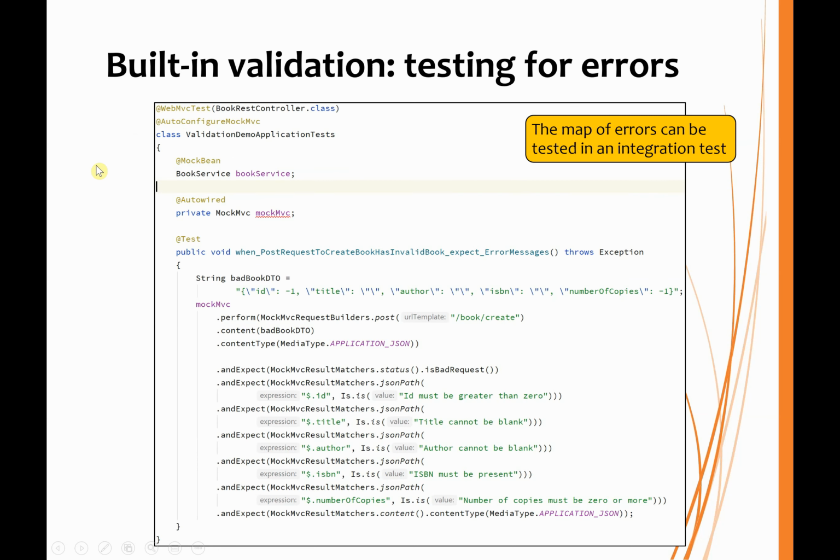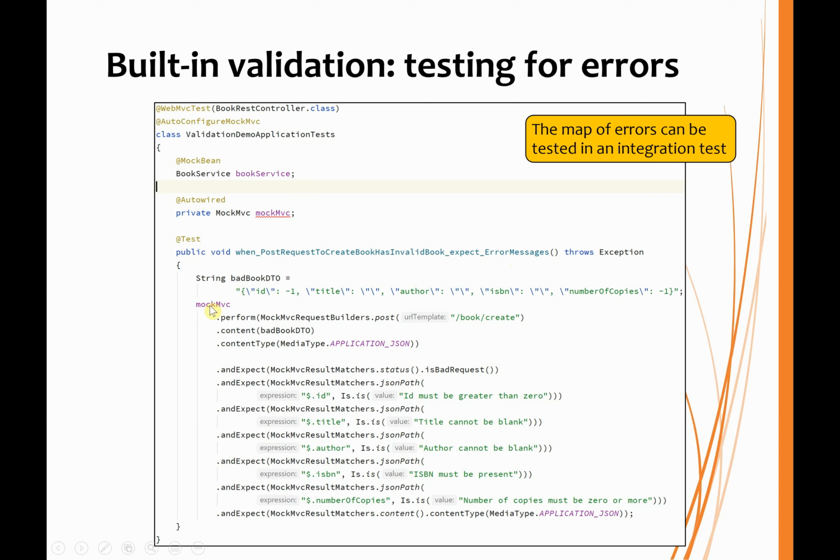Now that we've got some validation handlers, we can test for errors. And here is one such example where we are posting a request to create a book that has got invalid book details, and we expect some error messages. So here's our bad book DTO, which has got every single field invalid.